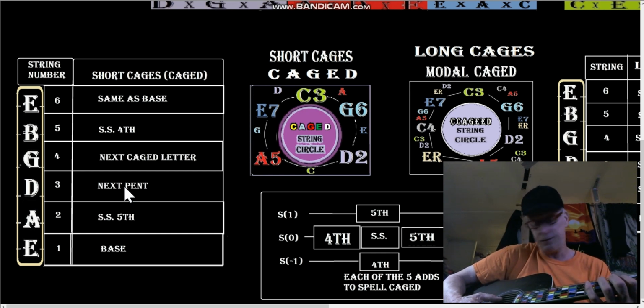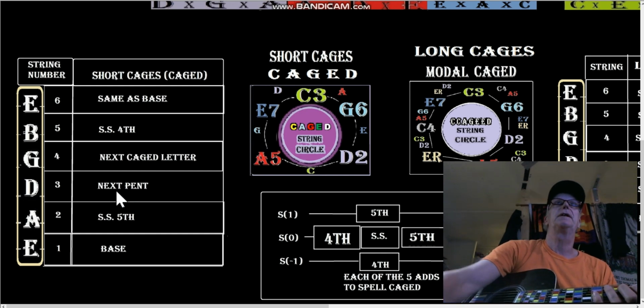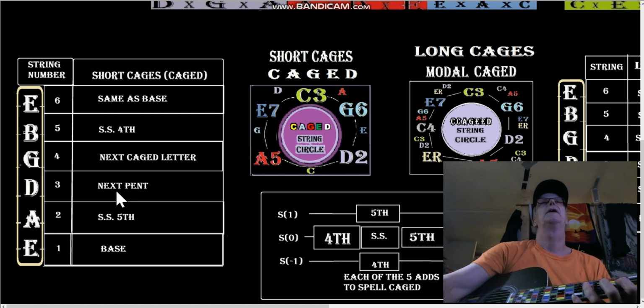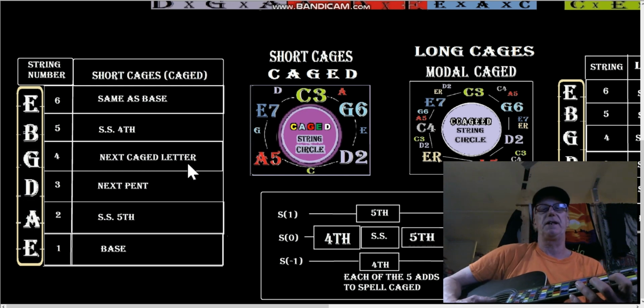Okay, so now remember, on the third string, next pentatonic means the next letter in the pentatonic ascending scale in the key of C. So that'd be our C right there. And then the fourth string is going to be the next caged letter advance in the caged word.